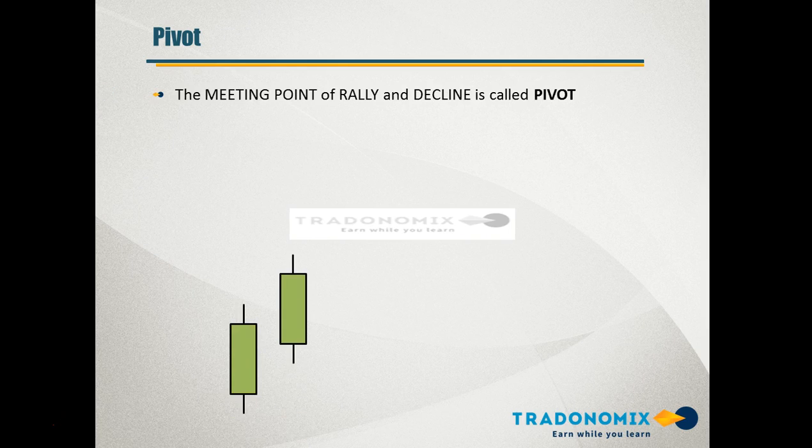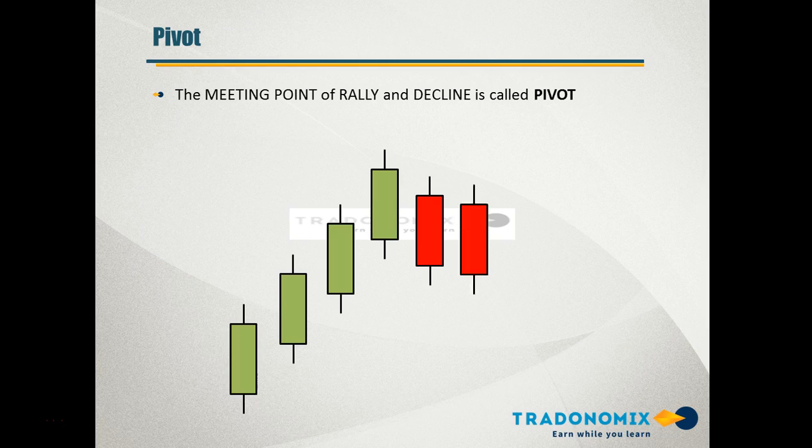Why do you need to know a decline and a rally and candles and pivots? The main use of this is to determine the trend of the stock. Trend is a friend until it breaks. So it is so important for technical traders to understand the trend the stock is in before they use any concepts or methods.